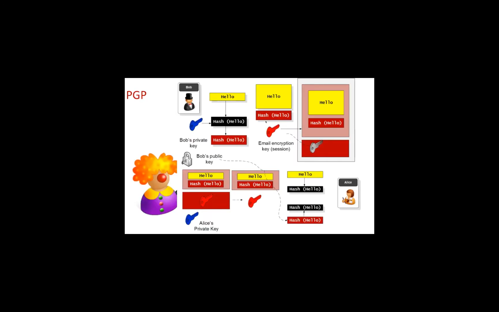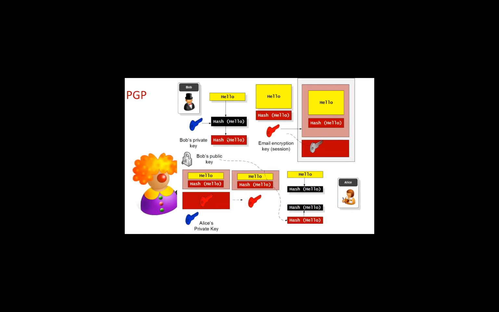Finally, we can use this method within PGP, or Pretty Good Privacy. This is an email system that allows Bob to authenticate themselves to Alice, and then for Bob to send Alice an email that is encrypted. The way it works is that Bob takes a message, takes the hash of the message, and then encrypts that with his private key.